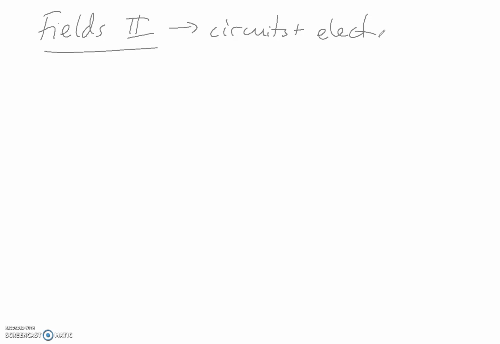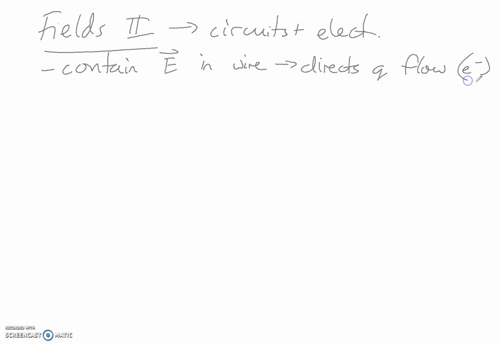So for Fields 2, basically the idea is to contain the electric field in wires, and this is what directs charge flow. More specifically, it's the electrons going from one place to another. This is the basic idea behind electrical current. The symbol for that is a capital I, and this is flowing electrons from one place to another.